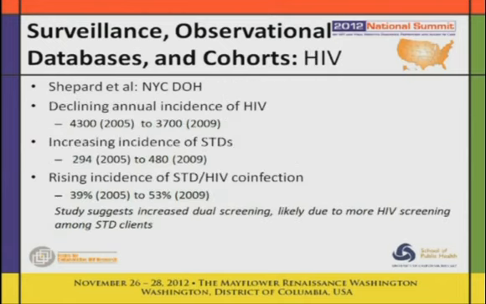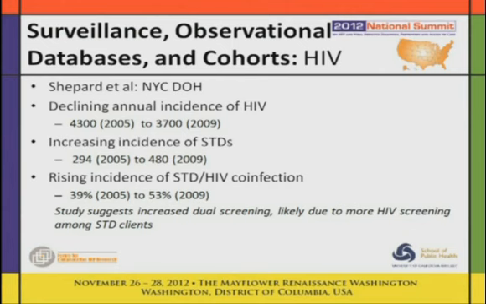And then again from New York City, there was some nice data looking at how much HIV and STDs were in the population that they were finding. There were declining annual incidences of HIV over the last 5 years, increasing incidences of STDs, but what was nice to see was the rising incidence of co-infection.